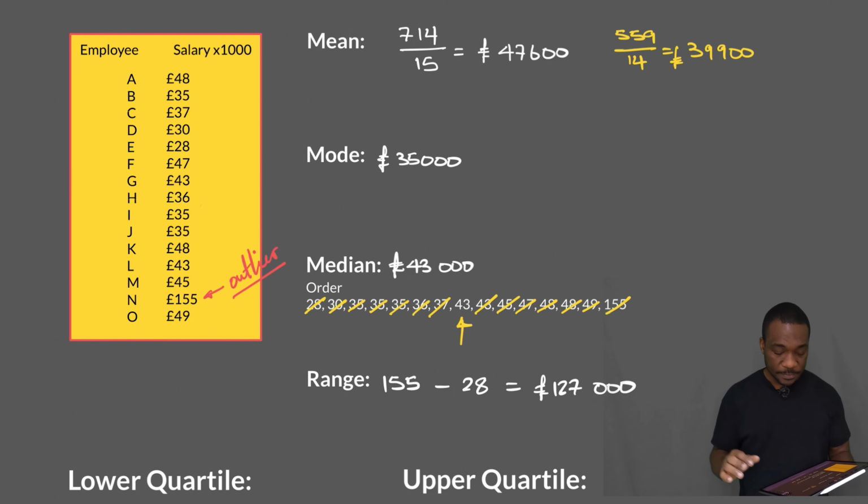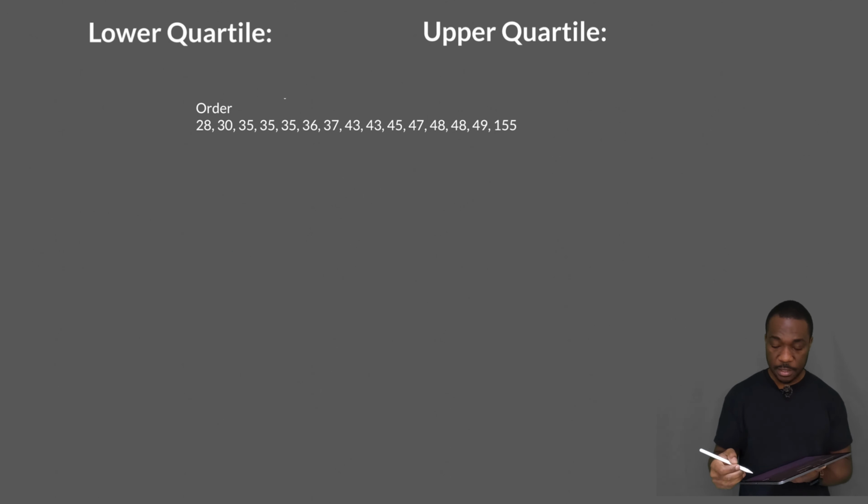Okay, all right. Now we're going to go into quartiles, and this is going to be the final thing we do today. So now we have our lower quartile, which is referred to as Q1, our median, which is normally known as Q2, and our upper quartile, which is Q3.